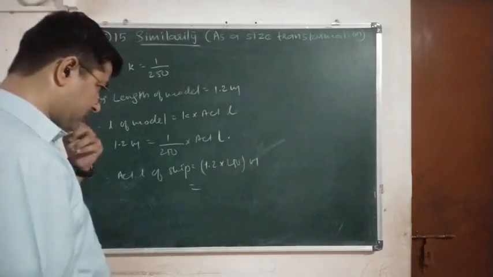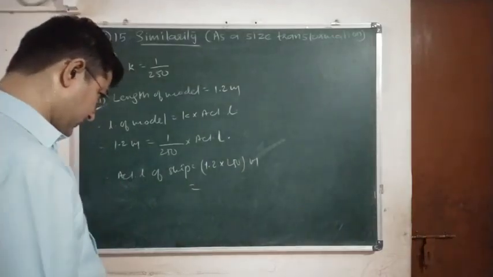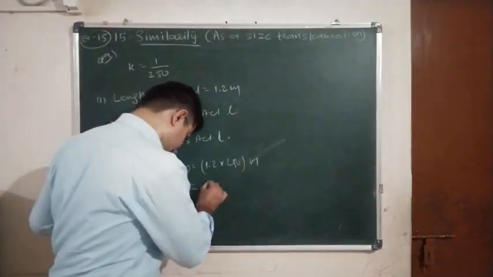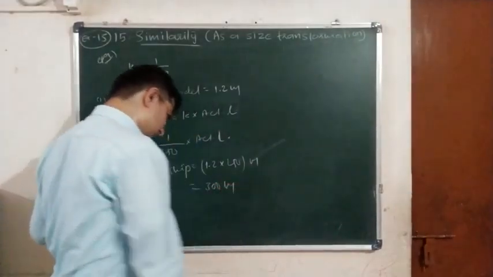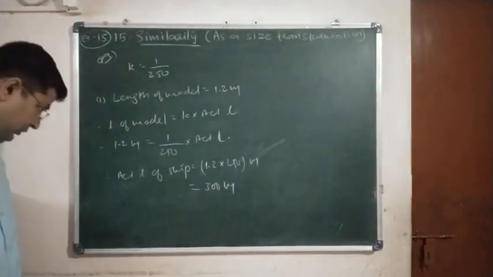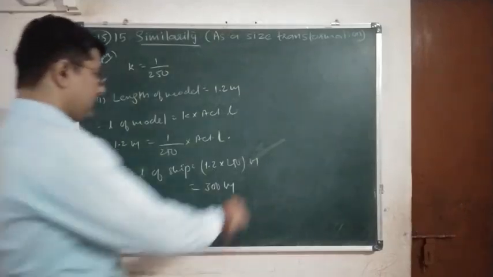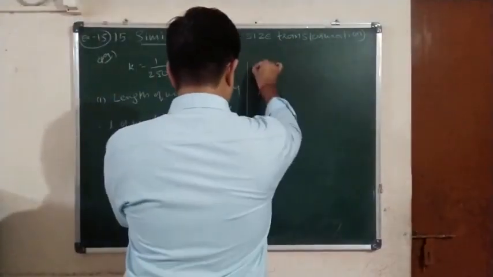That is 300, yes or no? 300 meters. Clear? So the actual length of the ship we got to be 300 meters. Now the second answer.